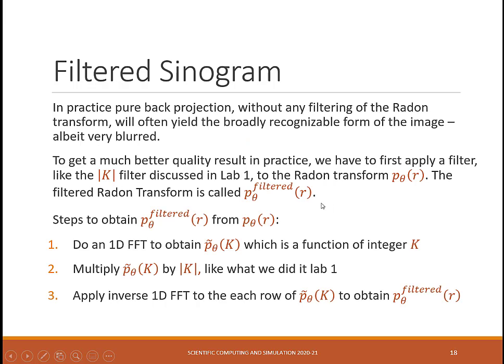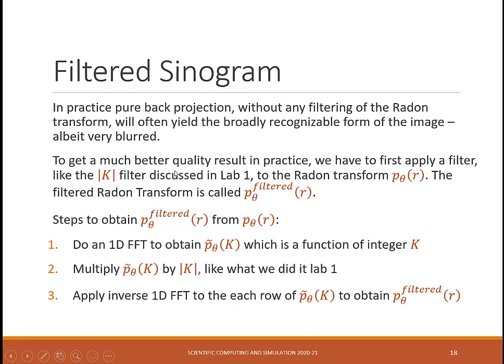The final thing I want to discuss today is about filtering sinograms. In the previous slides, it's explained how to employ the back projection sum to create the original cross-sectional image. However, pure back projection without any filtering of the sinogram p(theta, r) usually results in blurred images.